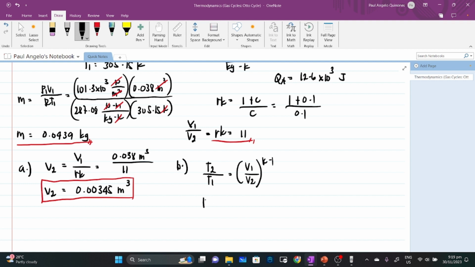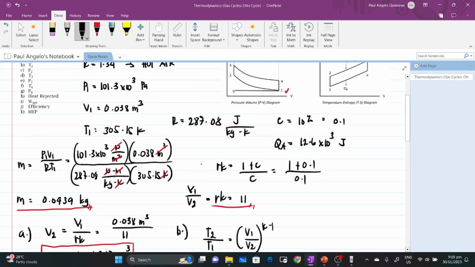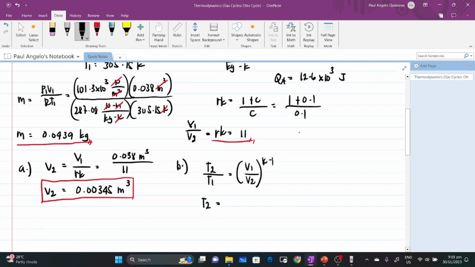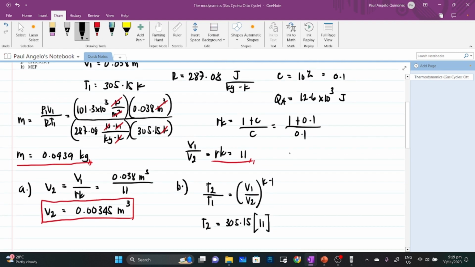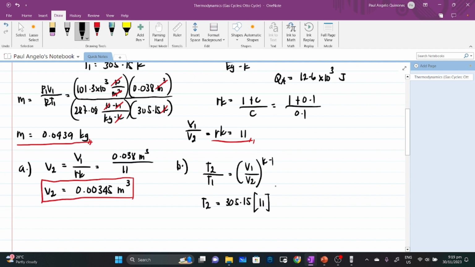Isolating T sub 2, we have T2 equal to T sub 1, that is 305.15, times V1 over V2. V1 over V2 is our compression ratio, so we can substitute the compression ratio. And k is our hot air property, that is 1.34, minus 1.